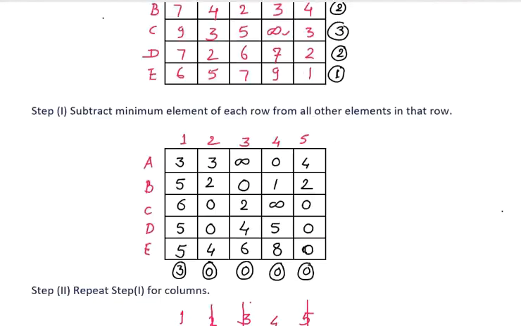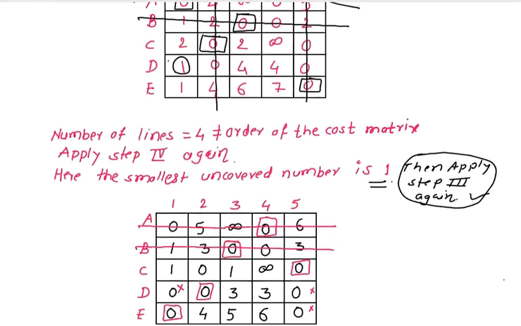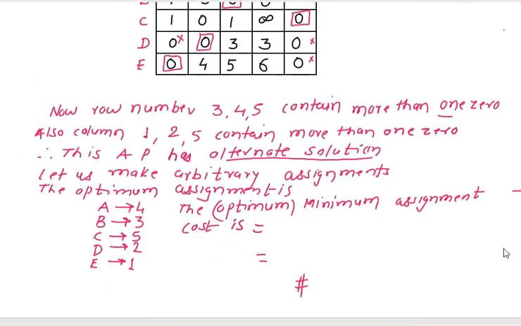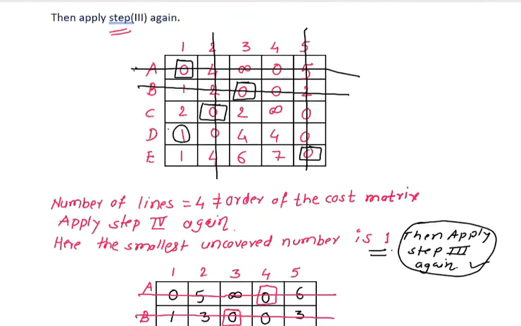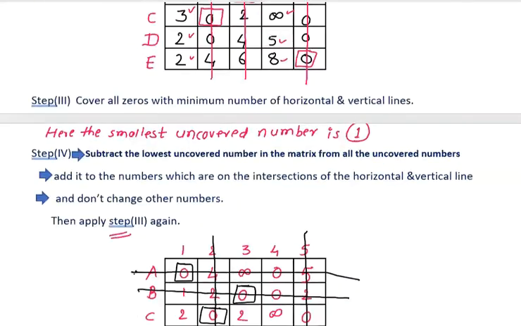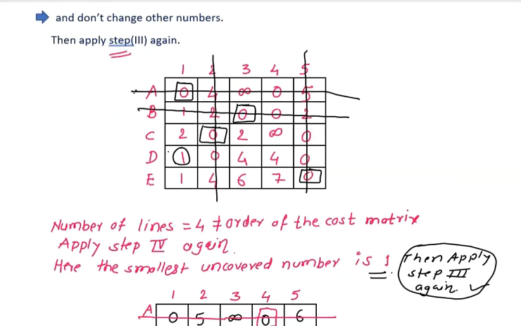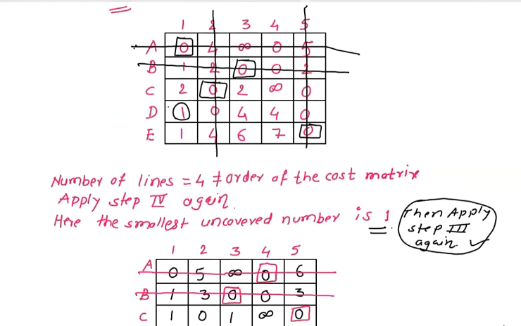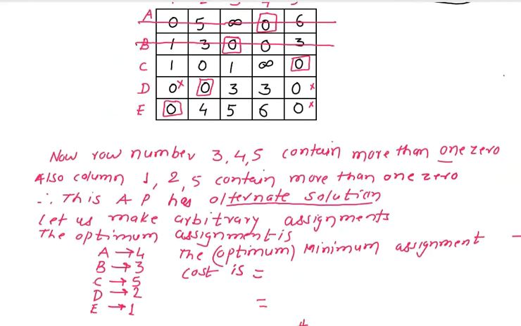Now operation D. We have assigned this operation to machine number 2. So C42, fourth row, second column. This is the smallest assignment cost. And last, operation E is assigned to machine 1.